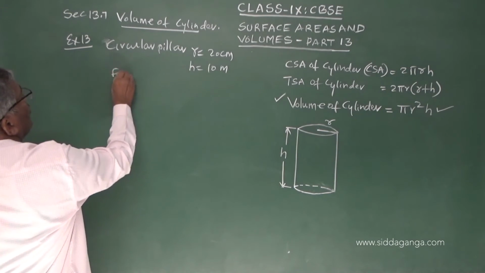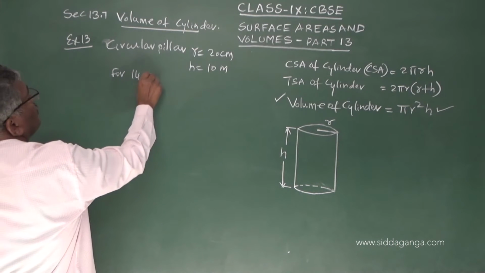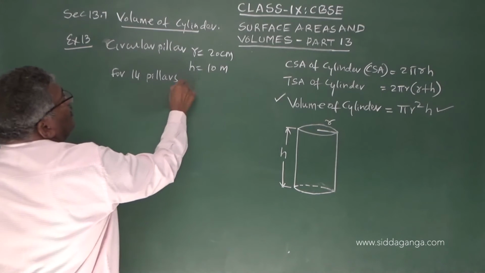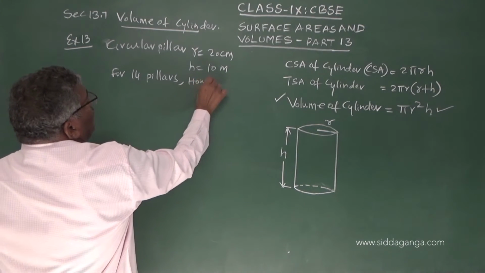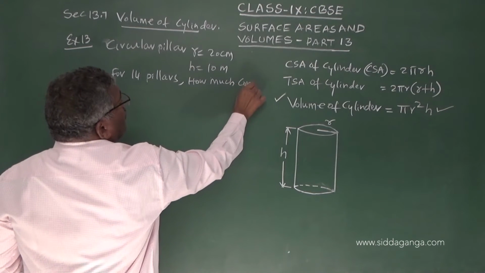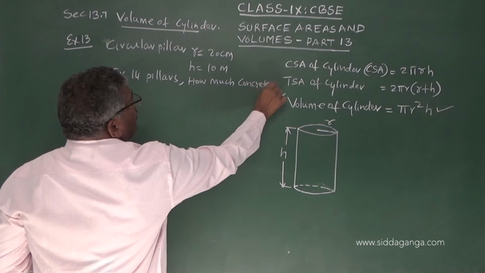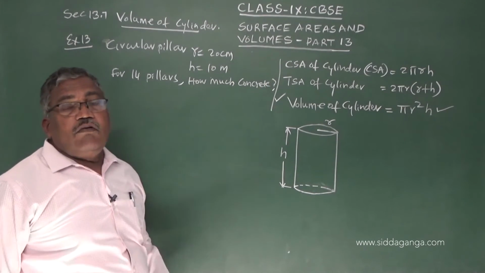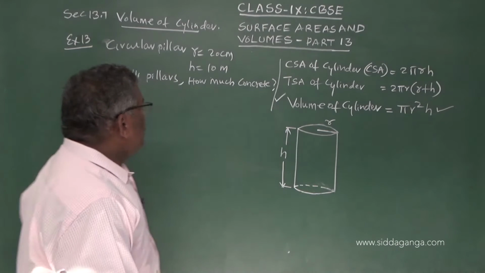For 14 pillars, how much concrete? That means we have to calculate the volume of 14 pillars.